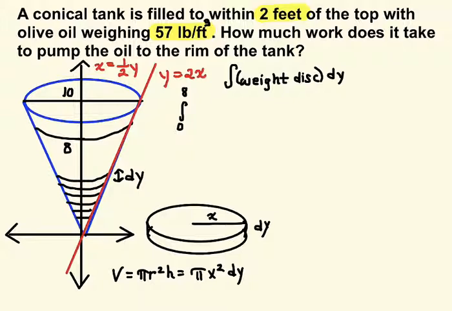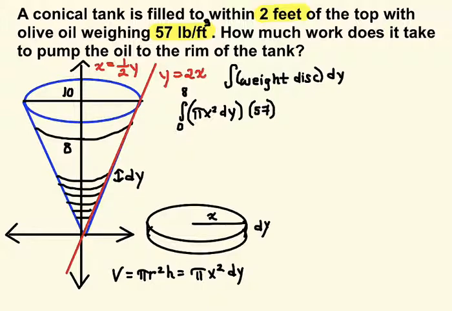And what we want to do is take the disk, which is pi x squared dy, that's the volume of the disk, and the weight of the disk, we're going to multiply it by 57 pounds per foot cubed.